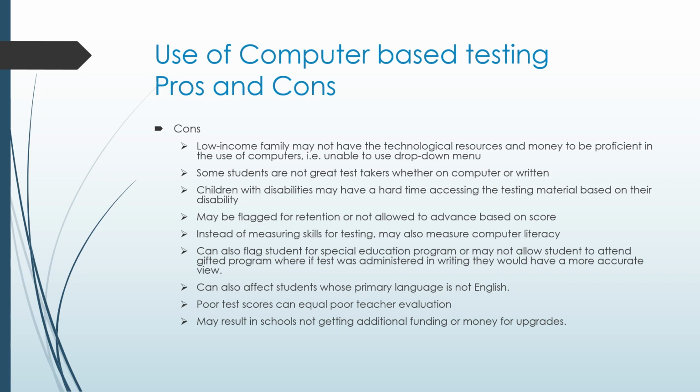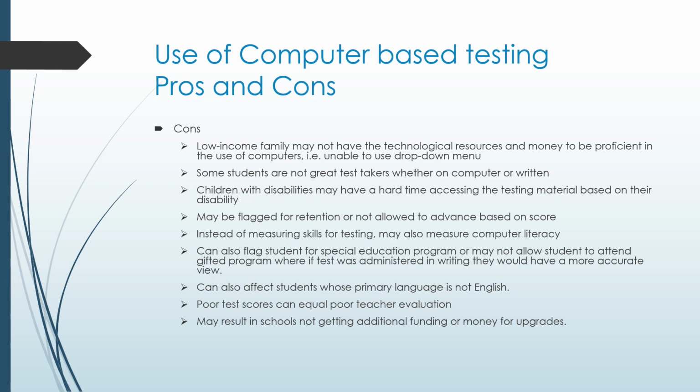Sometimes certain computer testing programs may not work great on children with disabilities, whether it comes to hearing difficulty or seeing difficulty. Some of the students may be flagged for retention or not allowed to advance based on their score.